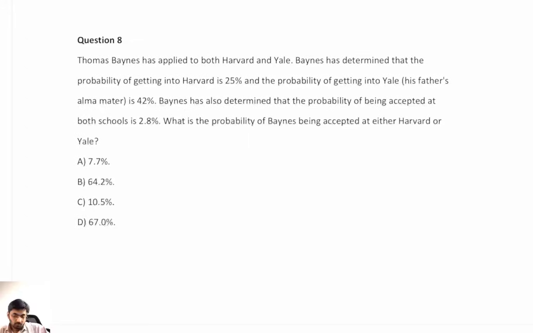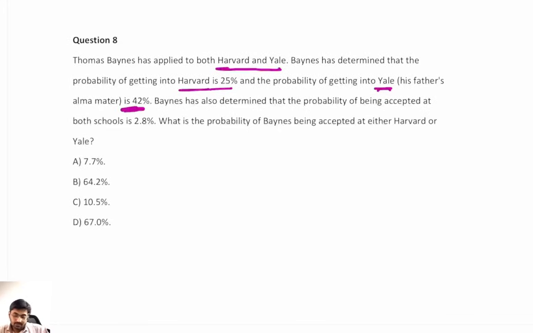Now, Thomas Binus has applied to both Harvard and Yale. Binus has determined that the probability of getting into Harvard is 25 and the probability of getting into Yale is 42. Okay. See, basically he's applying for the college. There are two colleges, Harvard and Yale. The probability that he will get admission in Harvard is 25 and in Yale it is 42%.